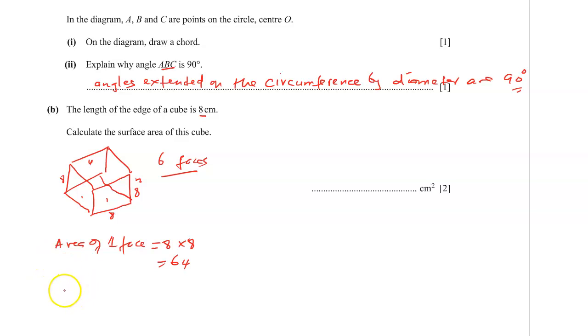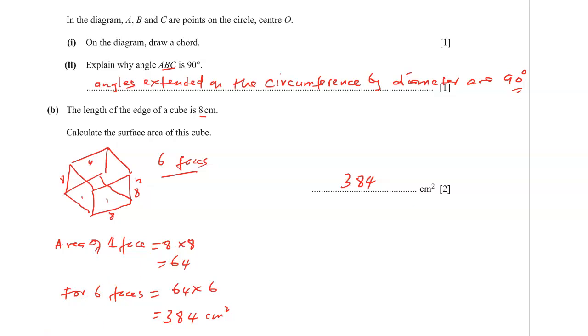And so for 6 faces, area is 64 times 6, which gives us 384, and this is centimeters squared. 384 centimeters squared.